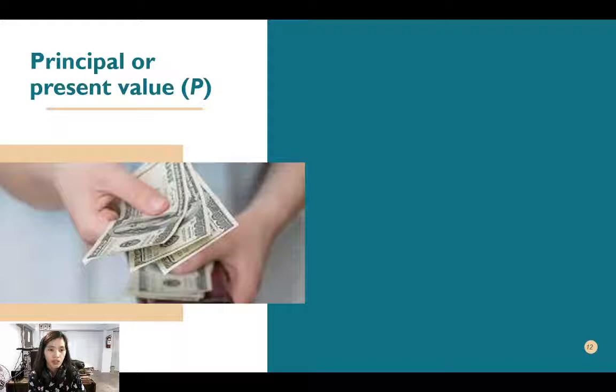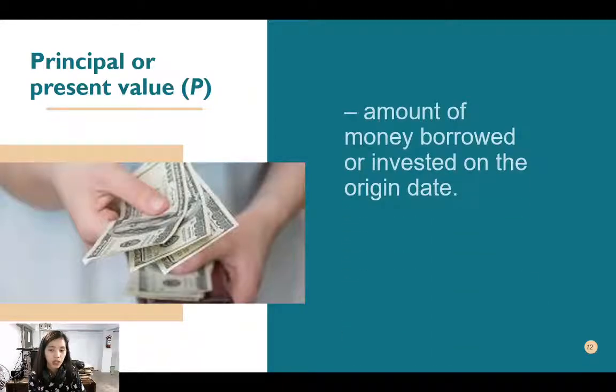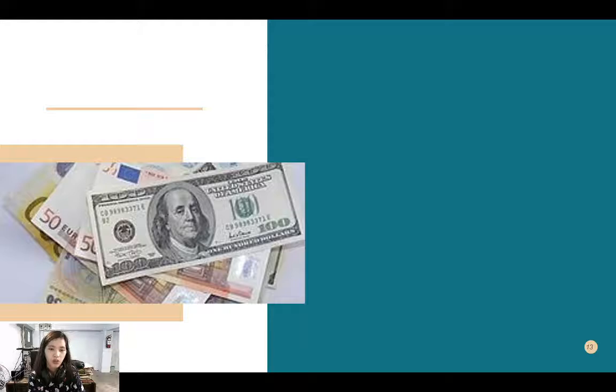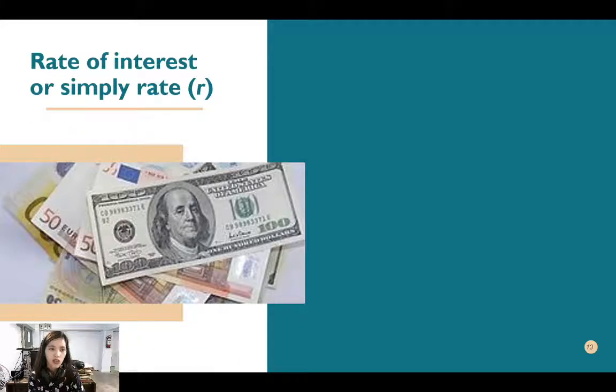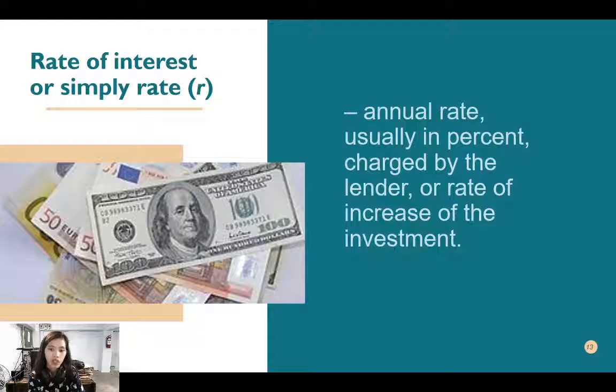Principal or present value. The amount of money borrowed or invested on the original date. Ito yung eksakto o yung original na pera na hiniram mo. Simple rate of interest or simply rate. Annual rate usually in percent charged by the lender or rate of increase of the investment.